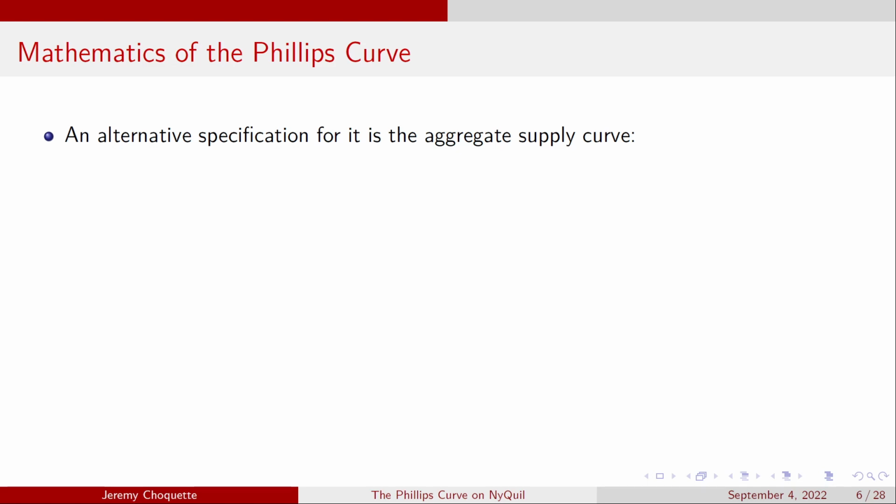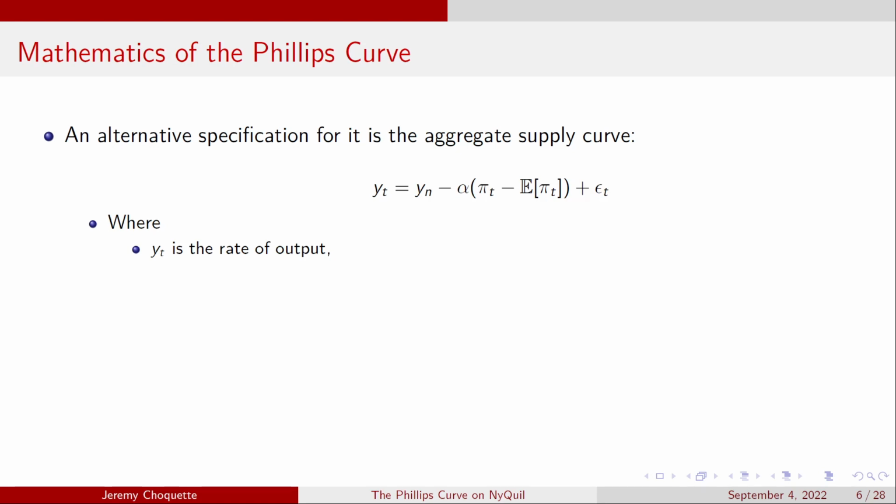Therefore, if labor and inflation are correlated, it would also make sense to assume that output and inflation would be correlated. But if you have something that is being graphed in output and inflation space, what do we call that? We call that the aggregate supply curve.